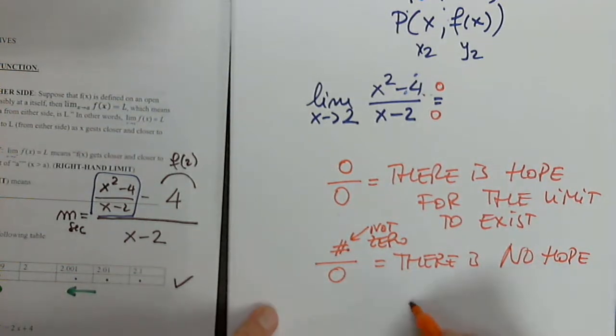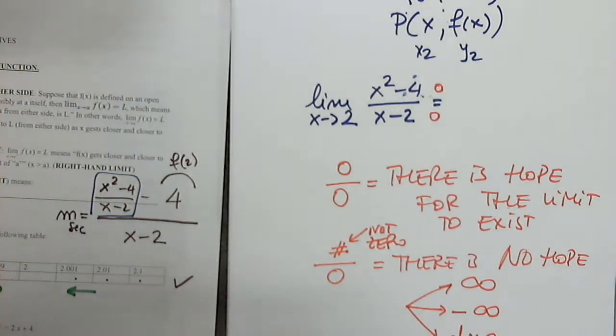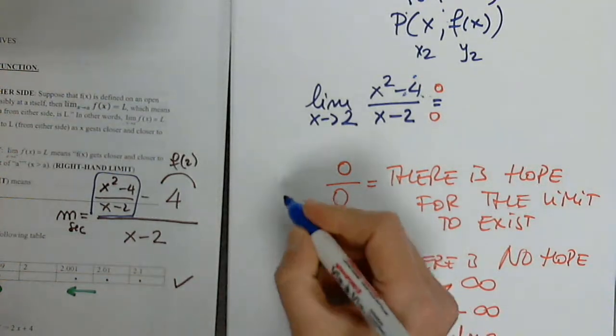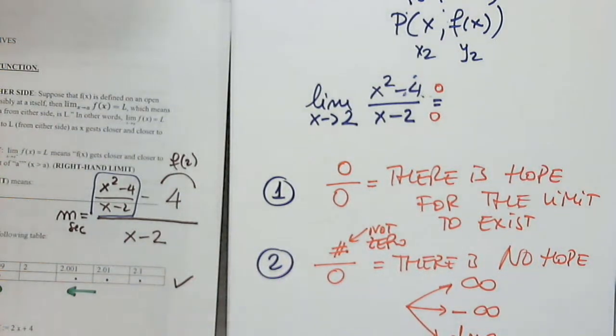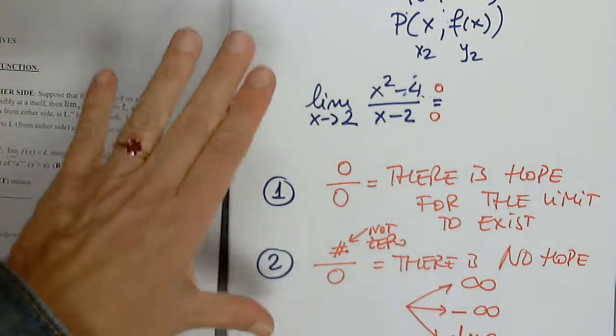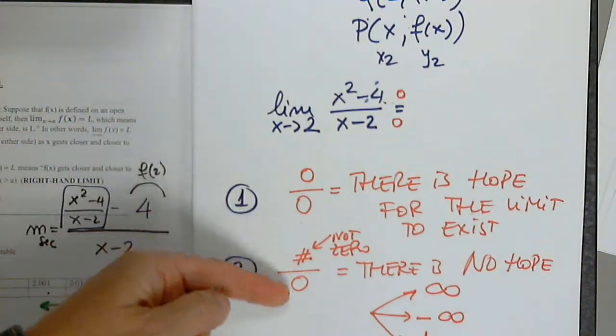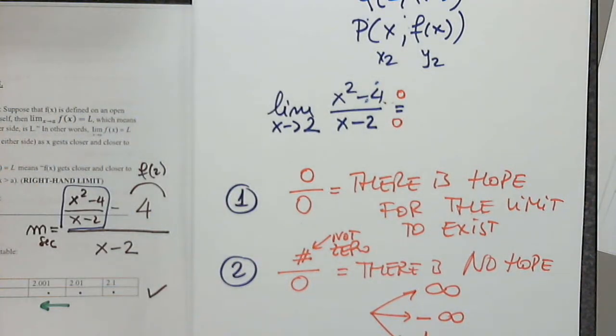It will either be infinity, or it will be negative infinity, or it will be does not exist. So this is option 1, and this is option 2. So 0 over 0, there is hope for the limit to exist. A number over 0, there is no hope for the limit to exist.